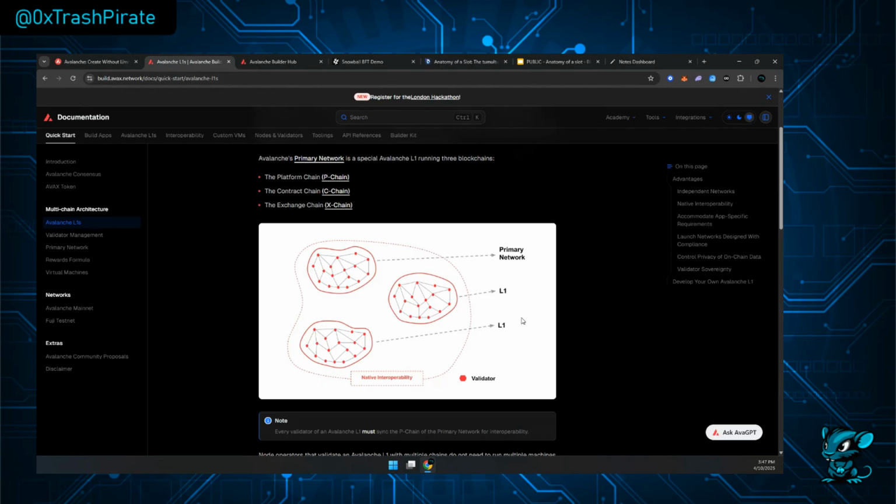Flexibility in how you set up the chain allows a business, for example, to have only permissioned validators, which might be very important for a business. They don't want anyone to validate. Or if you work with financial institutions, you might need KYC for each validator, so you can set it up like that.